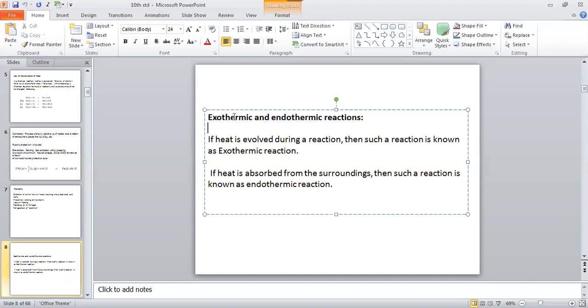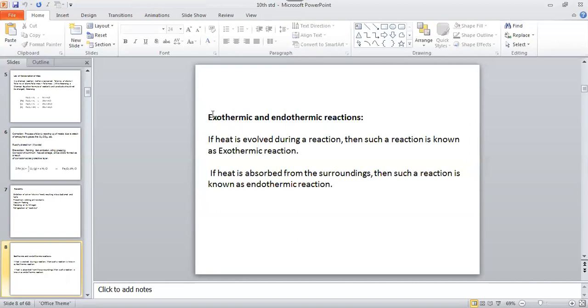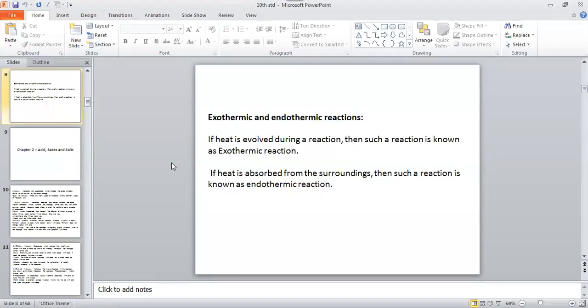So a chemical reaction in which heat is evolved is called an exothermic reaction. And a chemical reaction in which heat is absorbed is called an endothermic reaction.